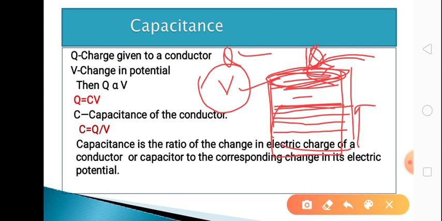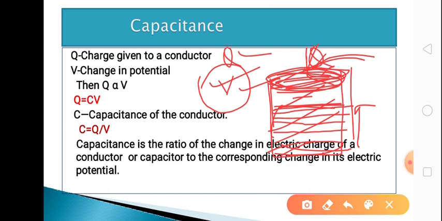If you are not giving any charge, then there will be no change in the potential, but the capacitance is there. Every conductor, if it has some dimension, has some capacitance. This container has some capacity, which is equal to the volume, equal to area into height.